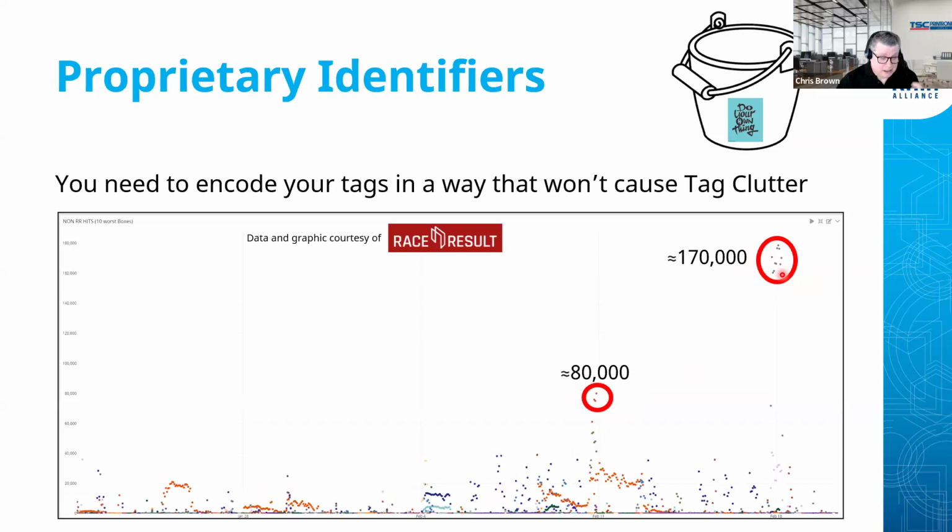So tag clutter is a real problem. And if we don't do proper encodings, tag clutter is only going to get worse. So message, please do not do your own totally proprietary encoding. That's what we're going to show you today, how to take your proprietary identifier and turn it into a valid encoding.